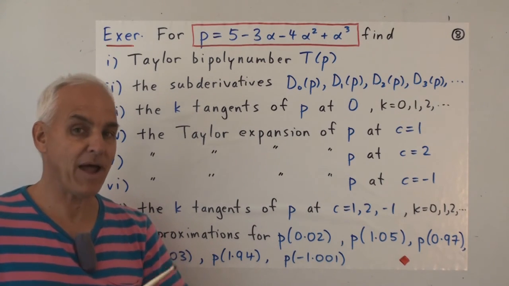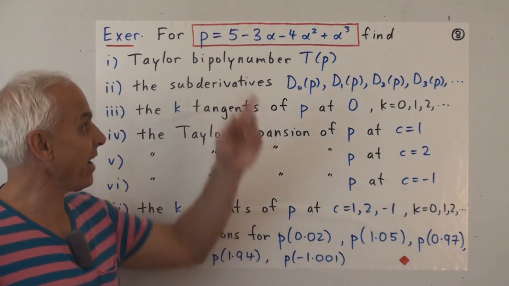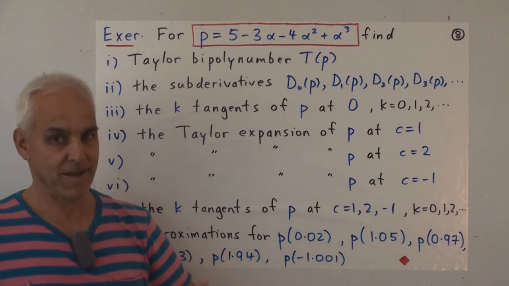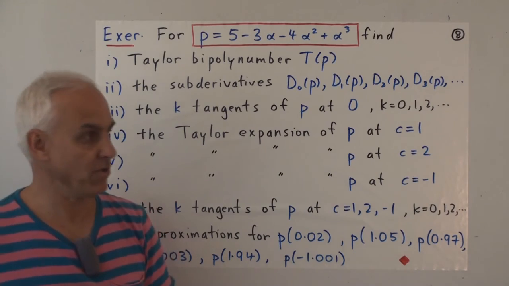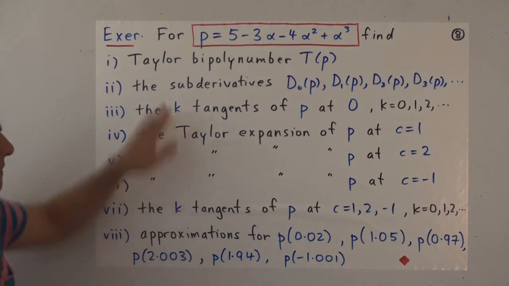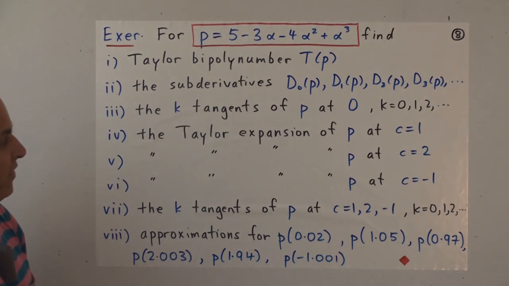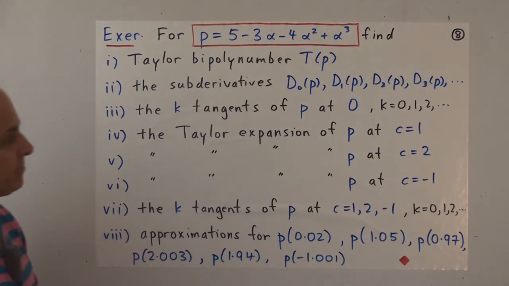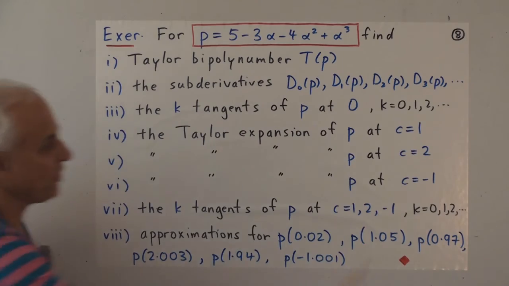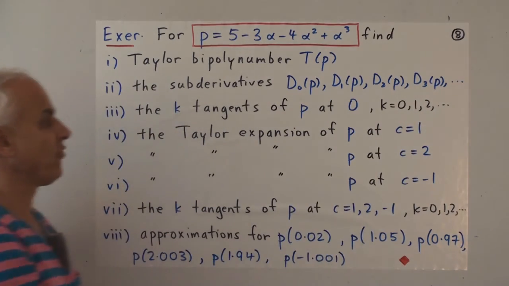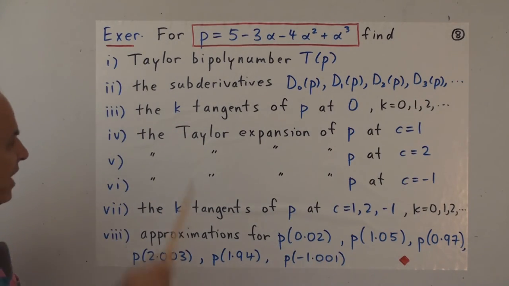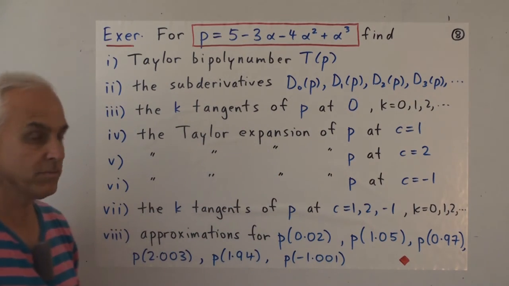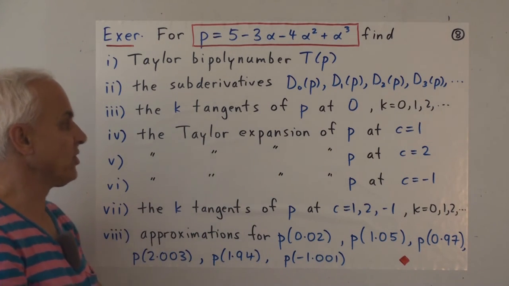You're just multiplying diagonals of the Pascal array by these 4 numbers, and then adding up what you've got, organizing what you've got. Find the subderivatives of this polynumber. D0, D1, D2, D3. You can think about what the higher subderivatives will be. Find the k tangents of P at 0. K equals 0, 1, 2, etc.